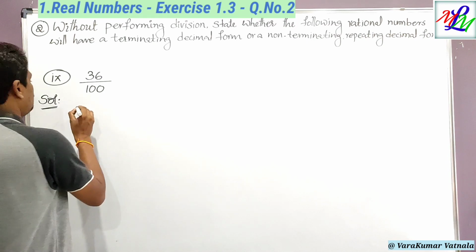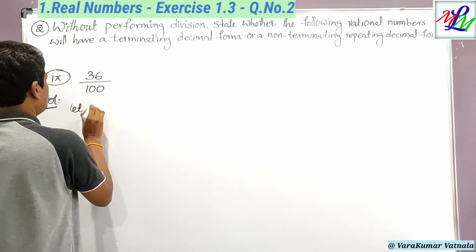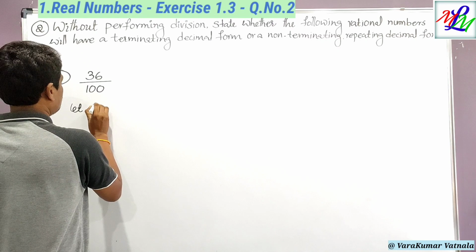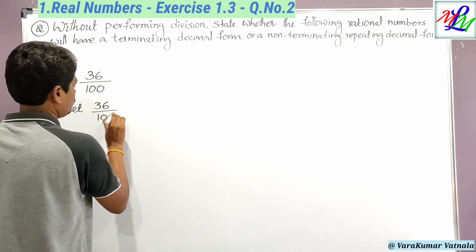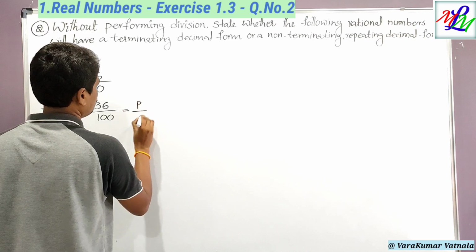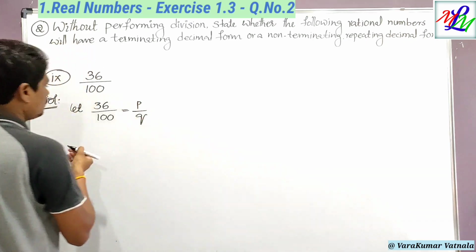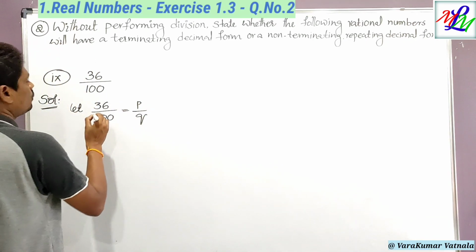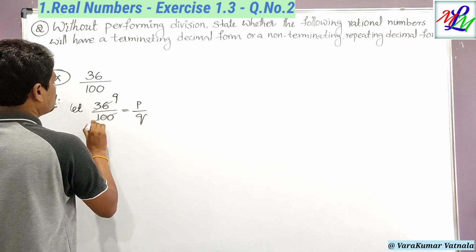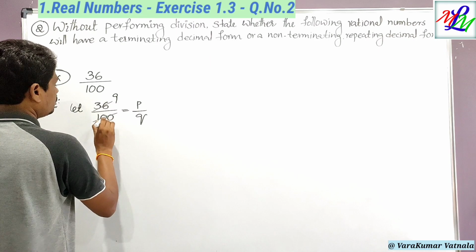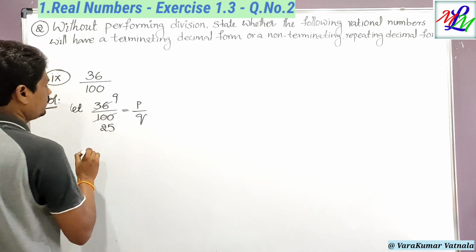See here, let 36 by 100 is equal to p by q. So here we can cancel by 4. There are common factors. 4 9s are 36, 4 2s are 8 and 20, 4 5s are 20.